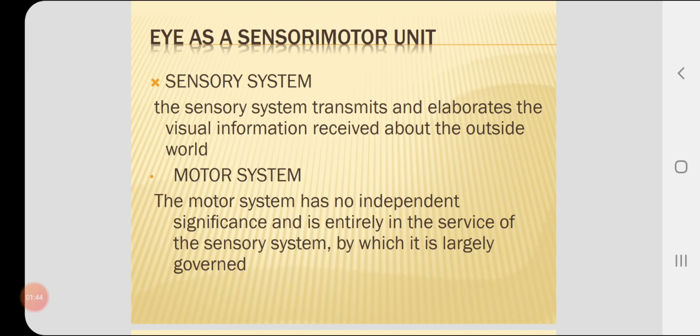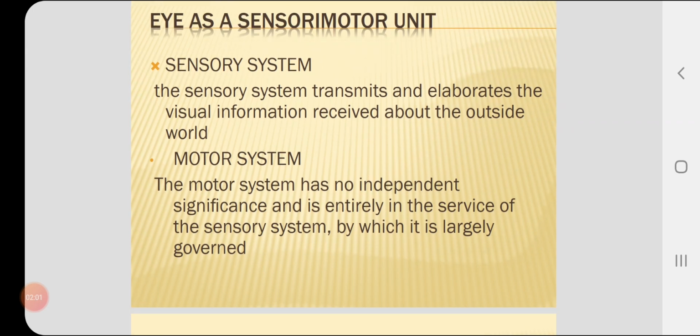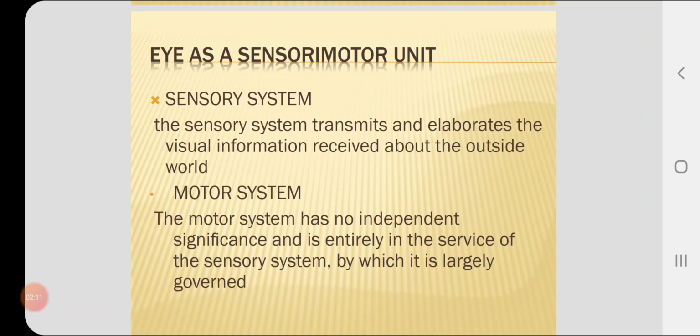Whenever we see an object of interest in front of us, our eyeball moves. This movement of the eyeball is our motor system. By this movement, the object's image quickly focuses on the retina. So that's how the motor system of the eye works. Our eye works as a sensory motor unit together.